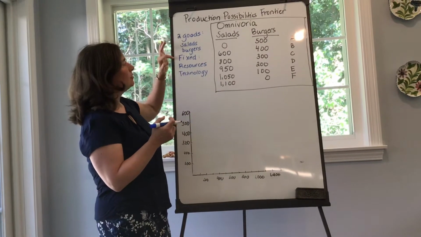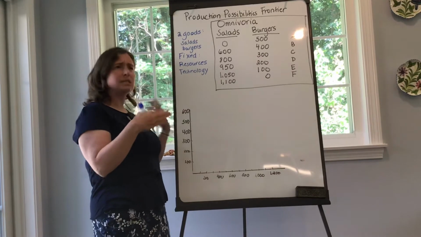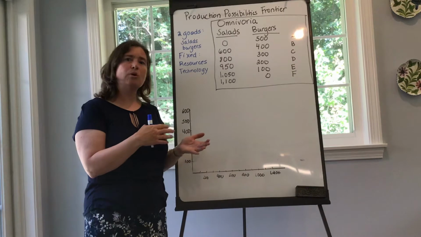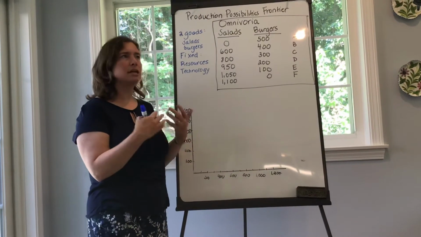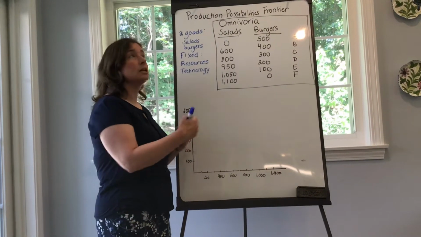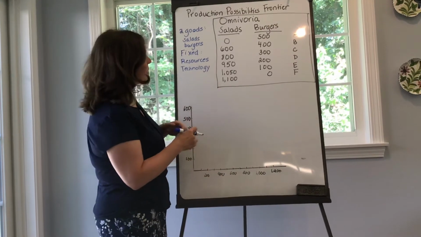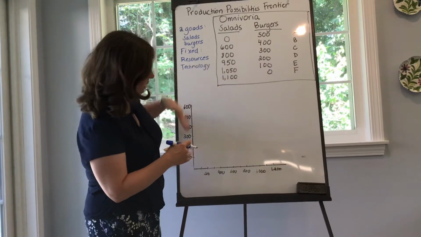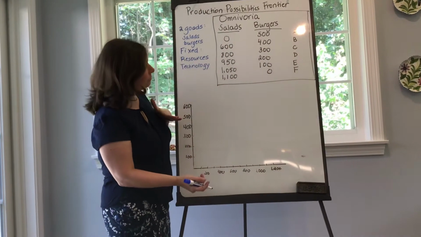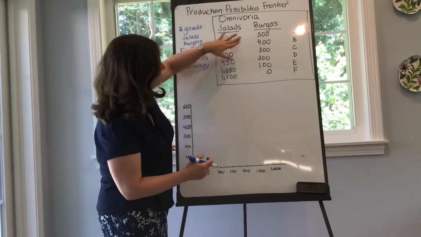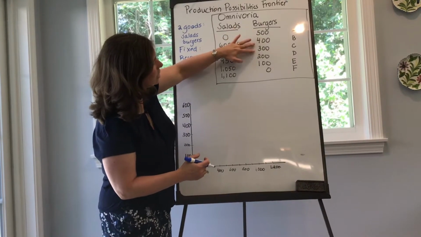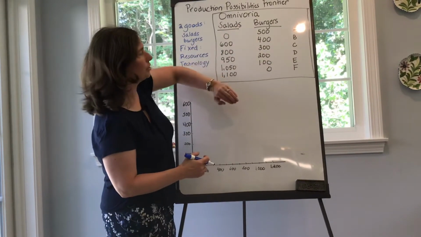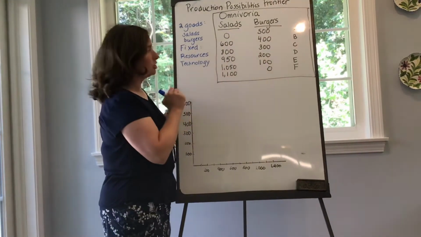Because it has fixed resources, meaning the inputs it needs or requires to produce salads and burgers, as it produces more of one, it necessarily has to give up or sacrifice producing some of the other good. The other thing I want you to notice when we look at these numbers, and this will become clearer when we graph these combinations, is I've purposely changed the level of production of burgers by the same amount, 100 burgers, for each of these combinations.